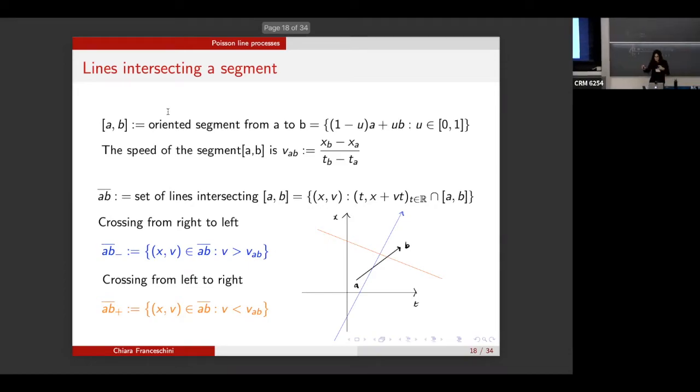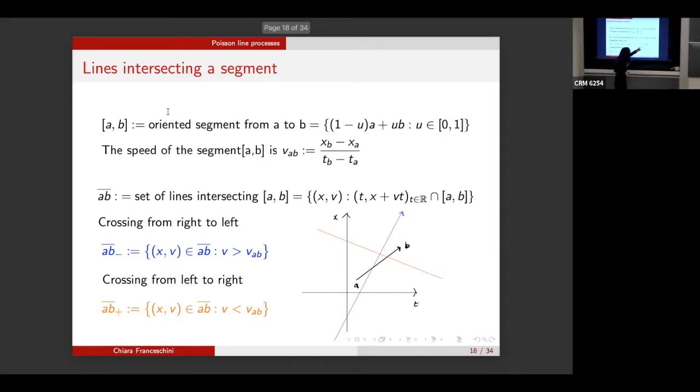And you want to split this set into those lines that intersect from left to right, so if you are here, left to right would be this one, for which the velocity is smaller than the one of the segment, and the one of the segment is just the slope, or those crossing the segment from right to left, like the blue one. If you're in A, you see the line is going from right to left, meaning the velocity of the blue line is bigger than the one of the segment.